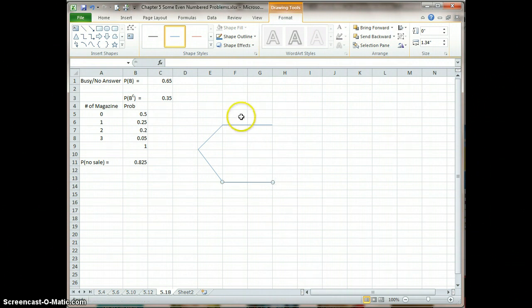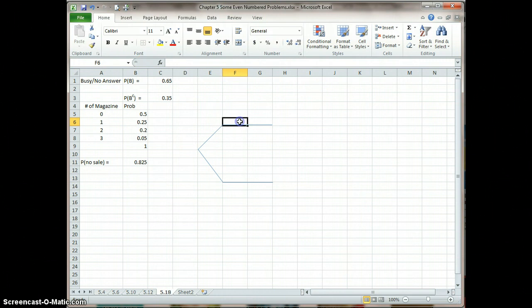And in this case, we're going to have the probability of B, which is busy or no answer, equal to 0.65.